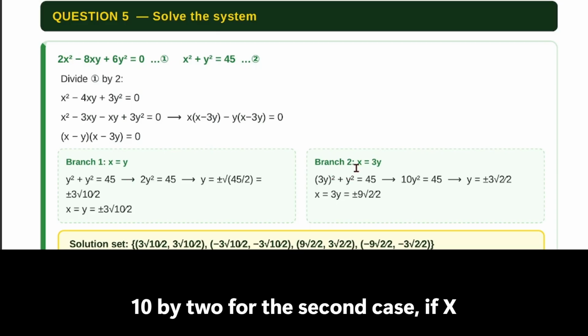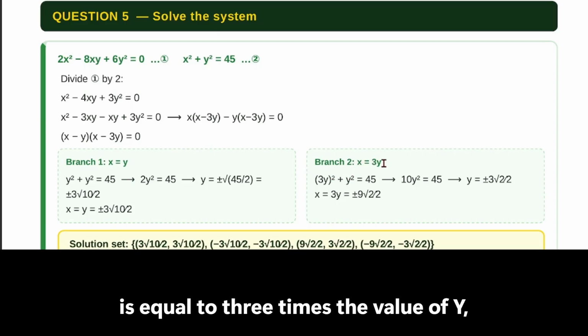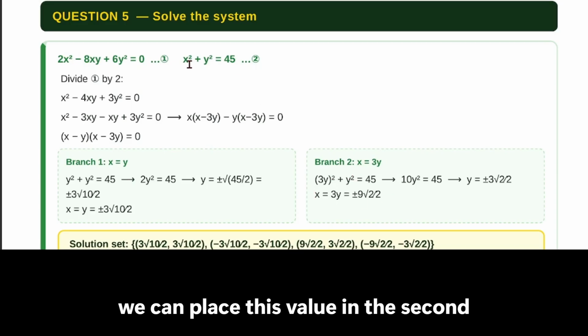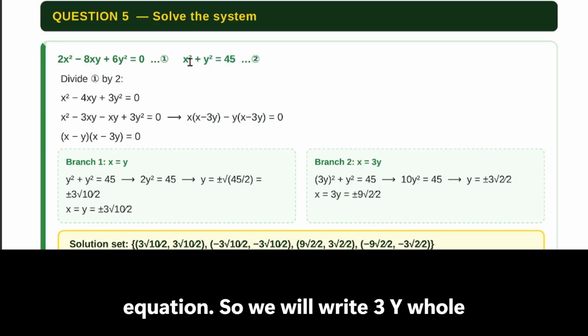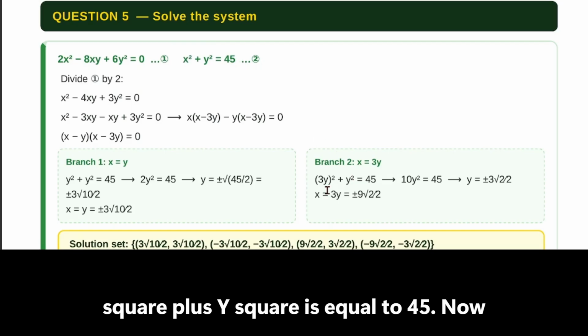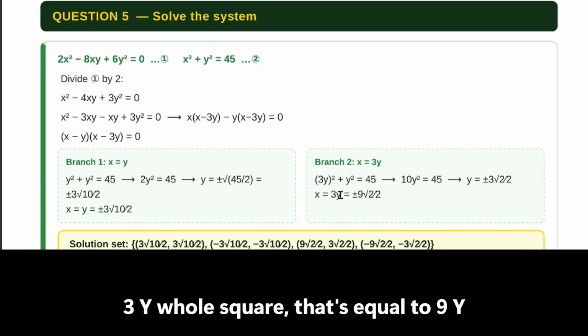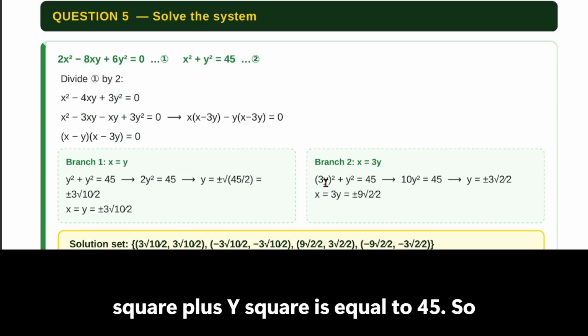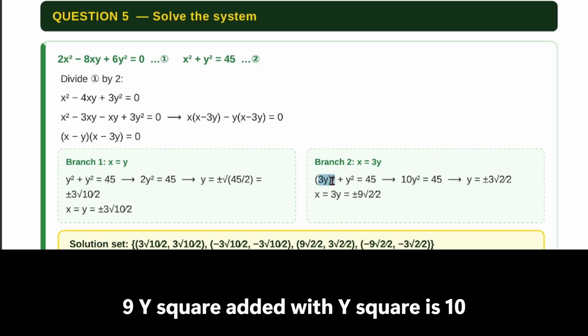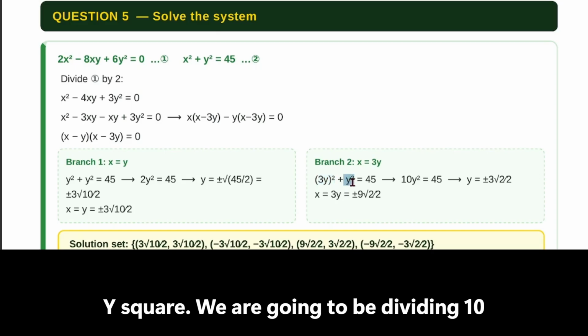For the second case, if x is equal to 3 times the value of y, we can place this value in the second equation. So we will write 3y whole square plus y square is equal to 45. Now 3y whole square is equal to 9y square plus y square is equal to 45. So 9y square added with y square is 10y square.